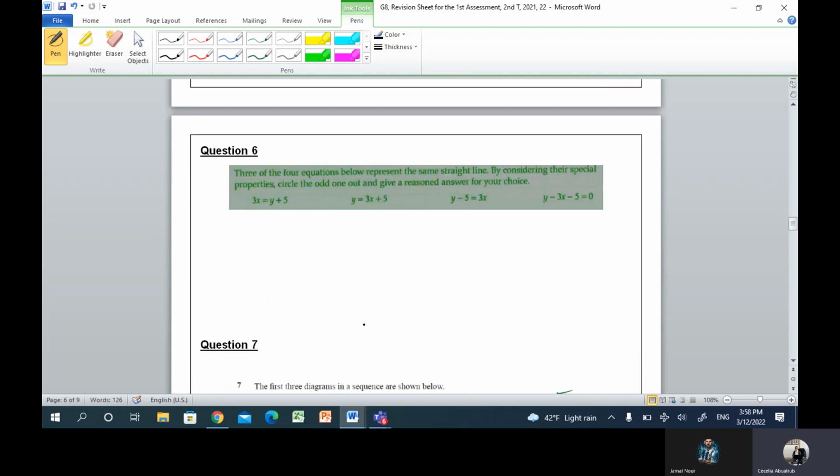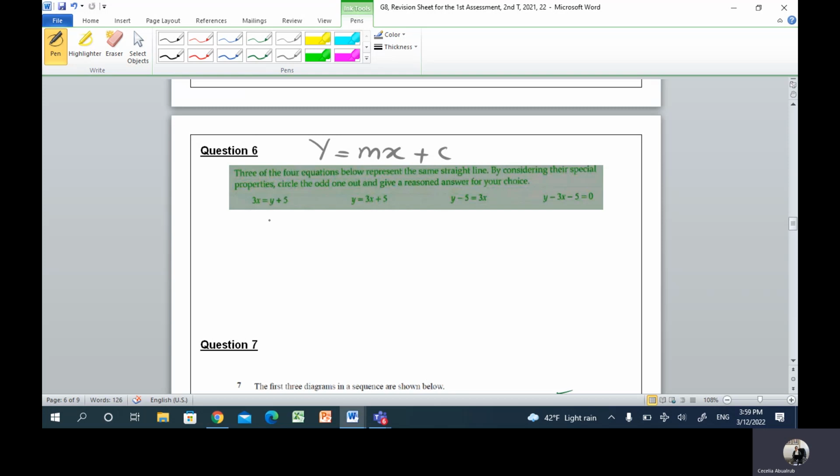In question 6, 3 of the 4 equations below represent the same straight line. By considering their special properties, circle the odd one out and give a reasoned answer. Like I explained earlier, remember that the equation of any straight line is y equals mx plus c, so you need to make sure all equations are written in the exact same format.